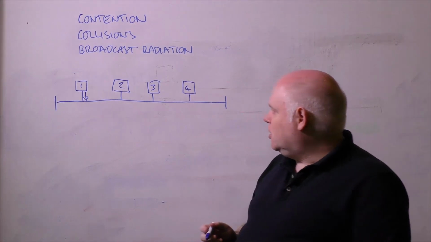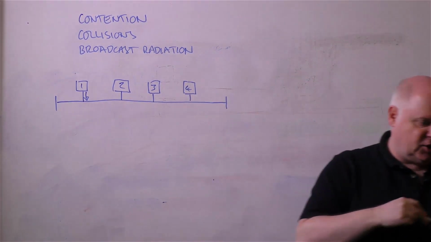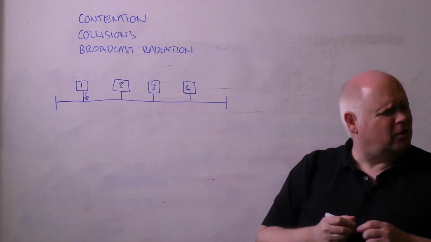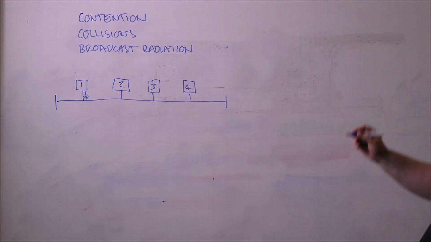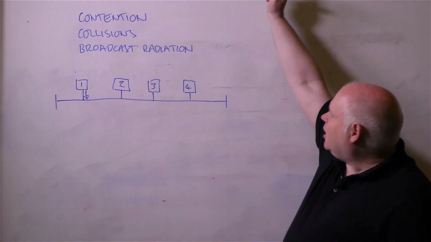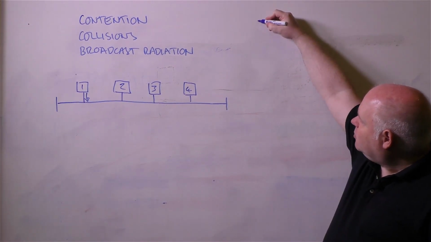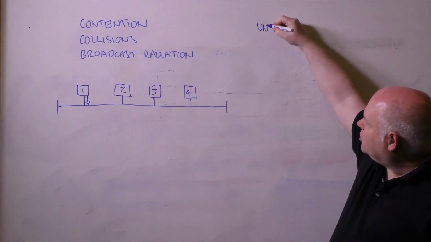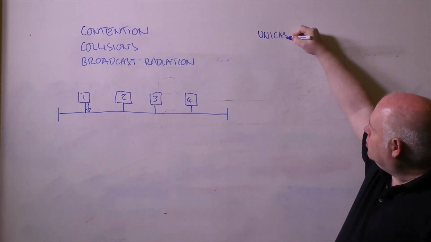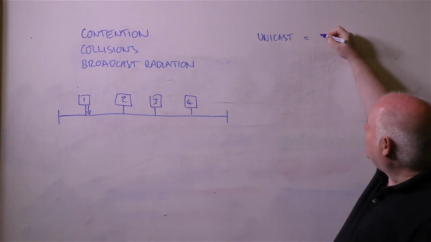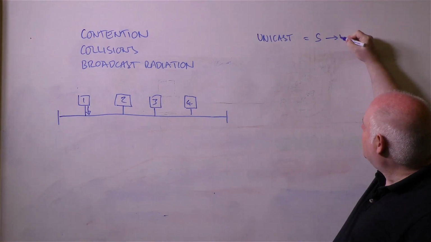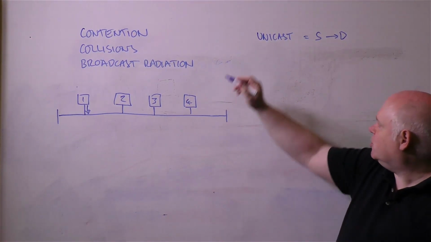Then we had an issue called broadcast radiation. What's that? So now we bring in different types of network traffic. Frames, or packets, can be unicast, which means they're going from a particular source to a particular destination, a known destination address.